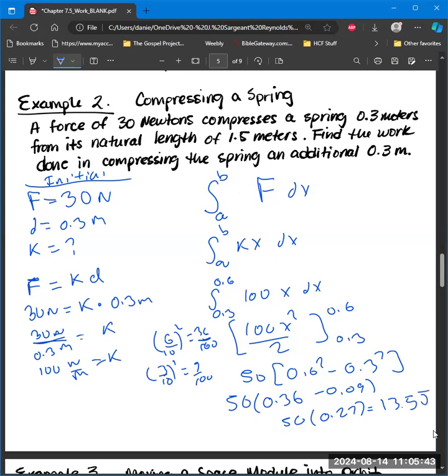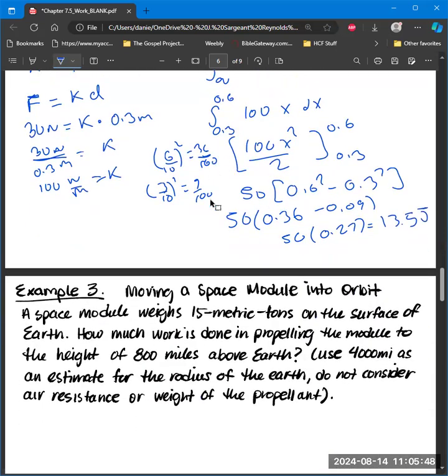And my units here are going to be joules because they're Newton meters. So this was force times distance in newtons times meters. Remember, a joule is a Newton meter.